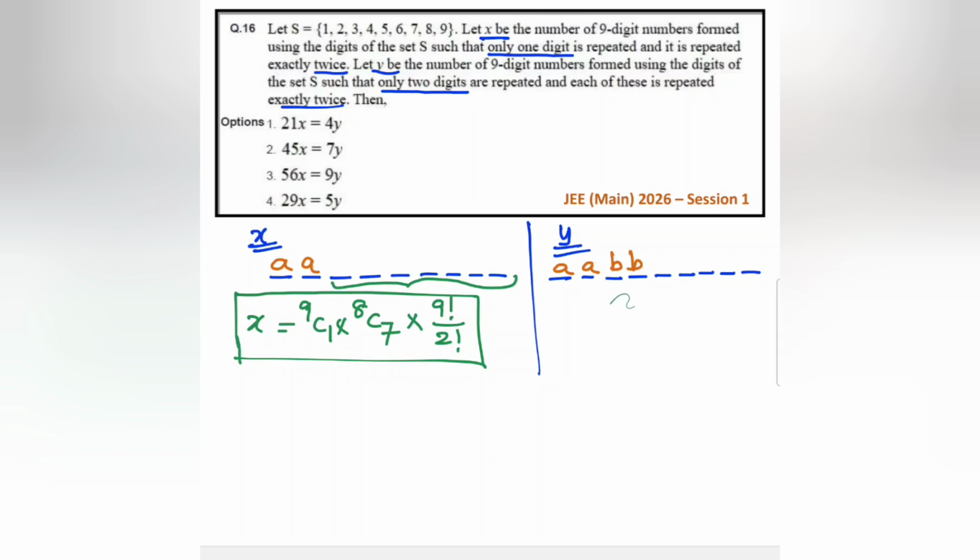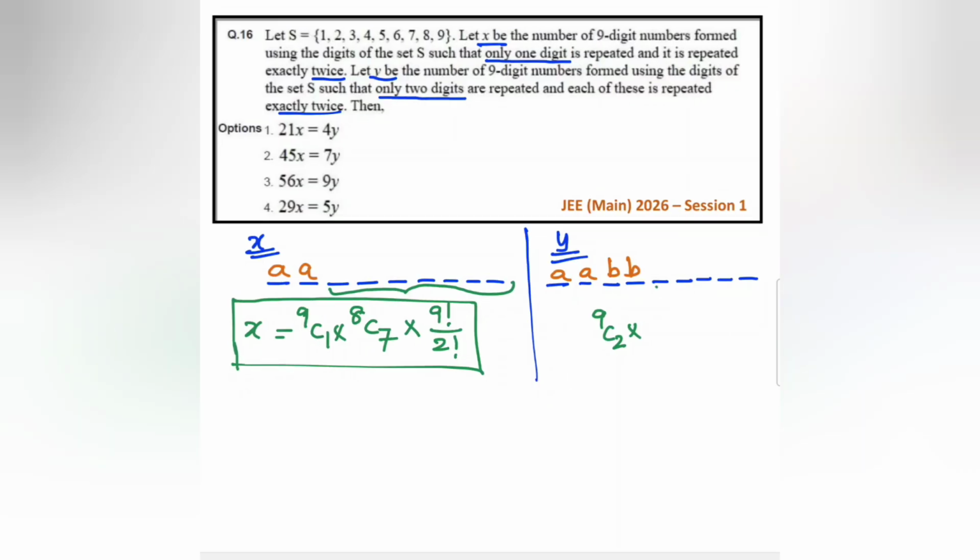So that can be done in 9C2. Now these 5 digits 1, 2, 3, 4, 5 have to be chosen from the remaining 7 digits, which can be done in 7C5, into these 9 digits can be arranged in 9 factorial by 2 factorial into 2 factorial. So this is what y is.